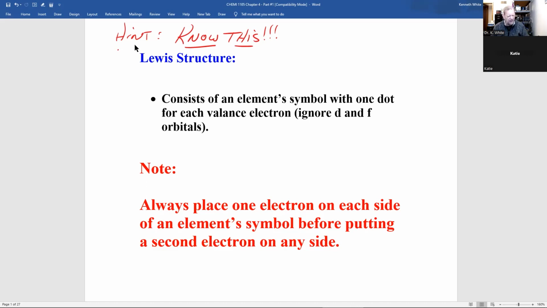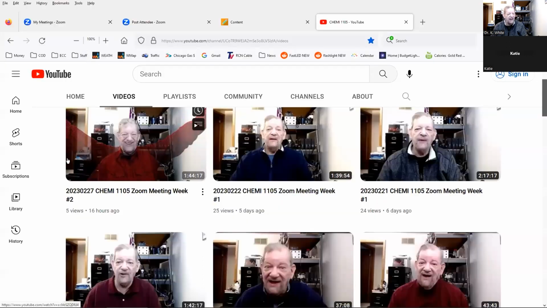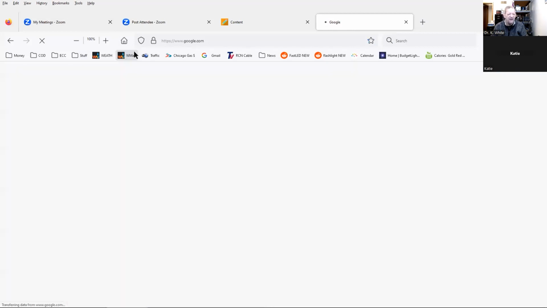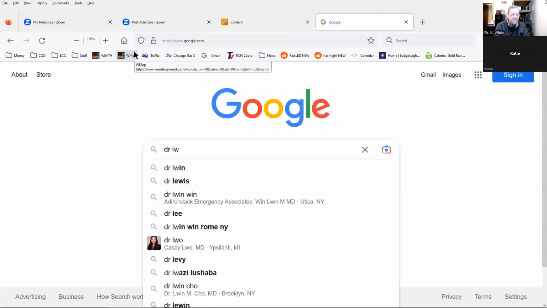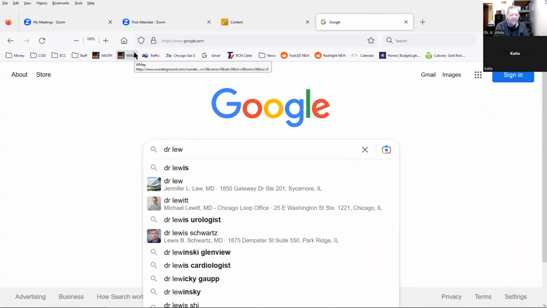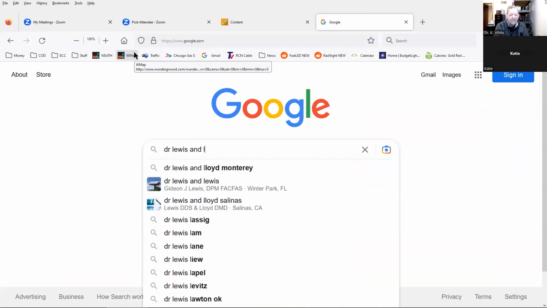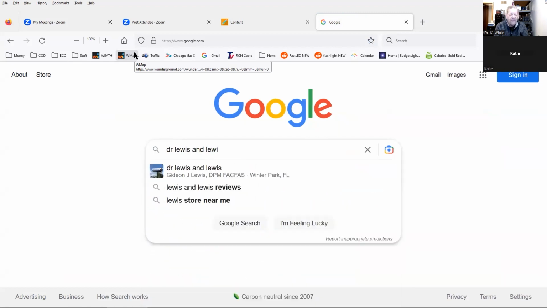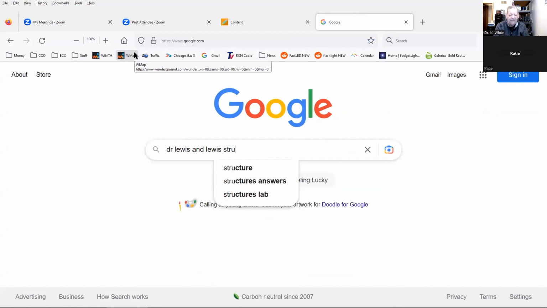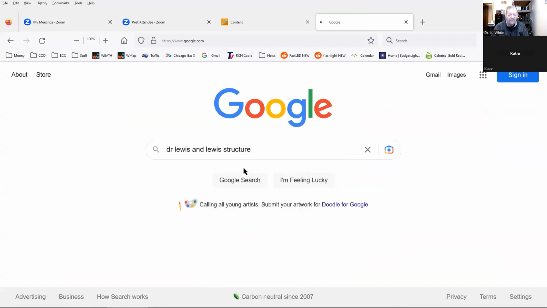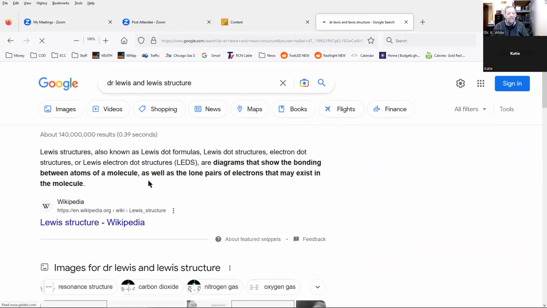Lewis. I don't know where he's from. Hold on one sec. Let's take a look. Who's that handsome guy? Anyways, it's also known as dot structures or Lewis dot formulas.